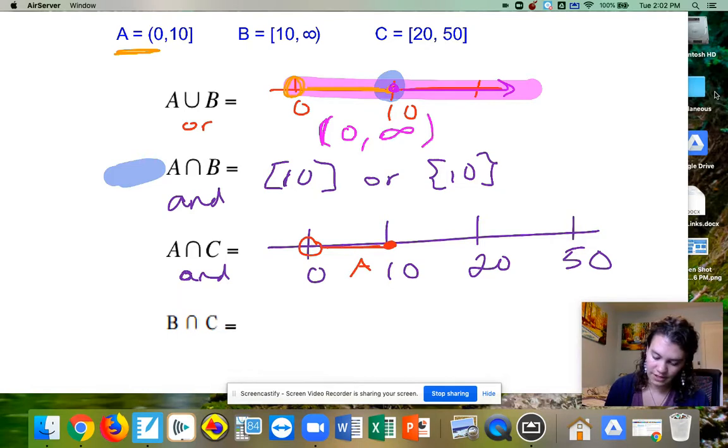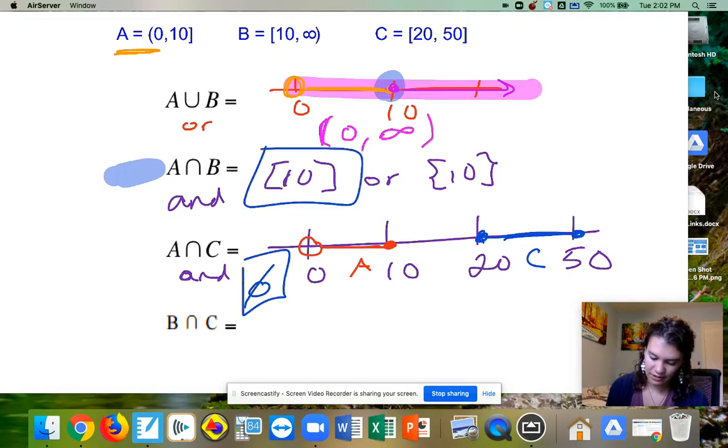If we draw C, it is a closed circle here and a closed circle here and connect them. And we're looking for what's in both, but they don't overlap at all, so there's nothing in this. Your answer would be the empty set because there's nothing in this set.